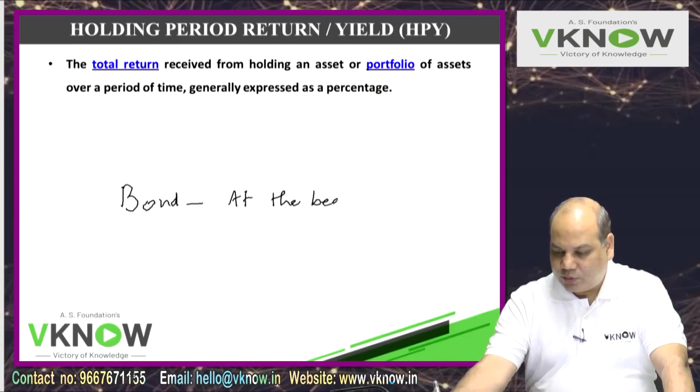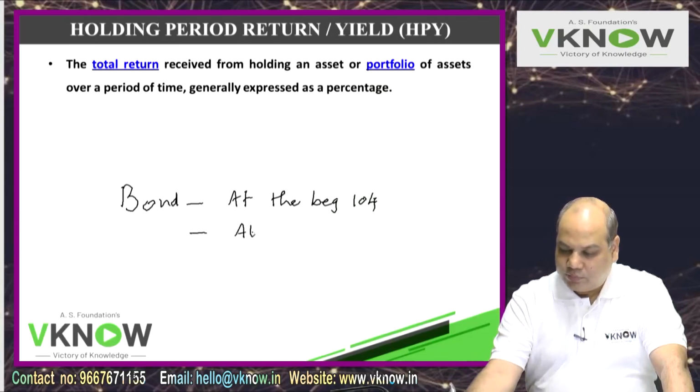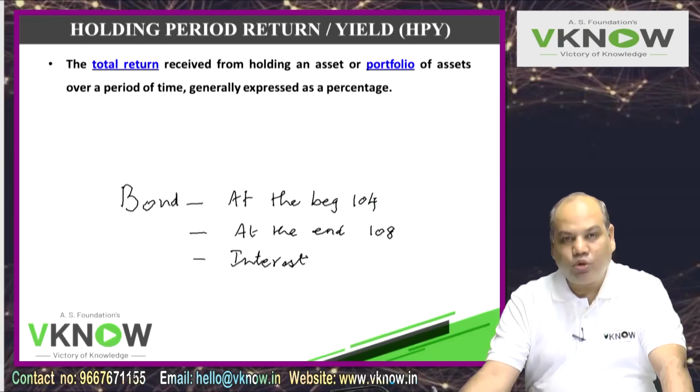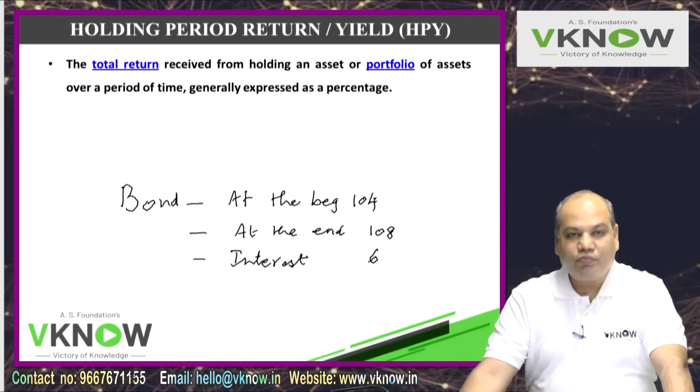When you purchased the bond, you purchased it for 104 rupees. At the end of the year, it was 108, and during this 1 year period or holding period, you got 6 rupees as coupon.